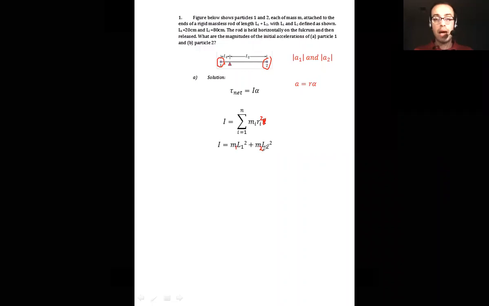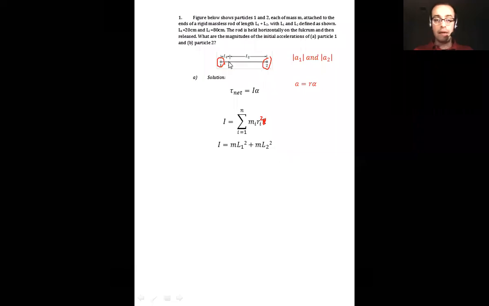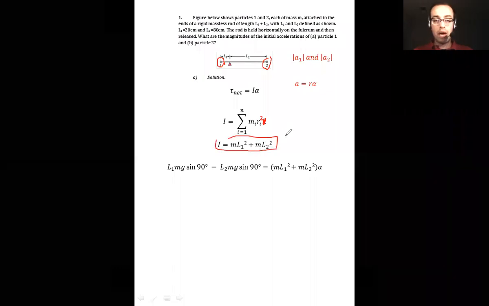I believe the problem says that the masses are identical, so we can just refer to that as M. And again, M times L1 squared plus M times L2 squared is going to give you the moment of inertia. We go ahead and make the substitution for moment of inertia to the right side of our torque equation.